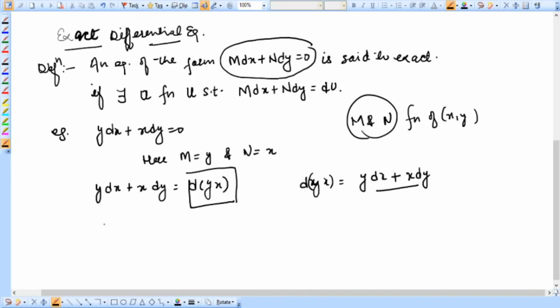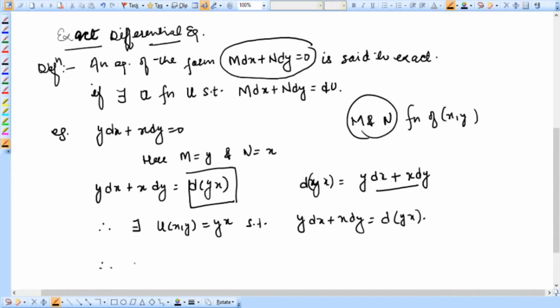Therefore, there exists u(x, y) equal to y times x such that y dx plus x dy is equal to d(yx). So the given differential equation is exact, right?